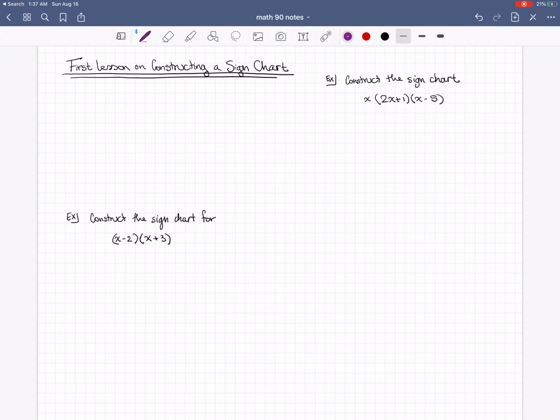Remember, I mentioned this in our previous video, that a sign chart is an actual chart that talks about where an expression is positive and where it is negative. So what I want to introduce to you is this notion that 0 is a gatekeeper. The number 0 as a gatekeeper.